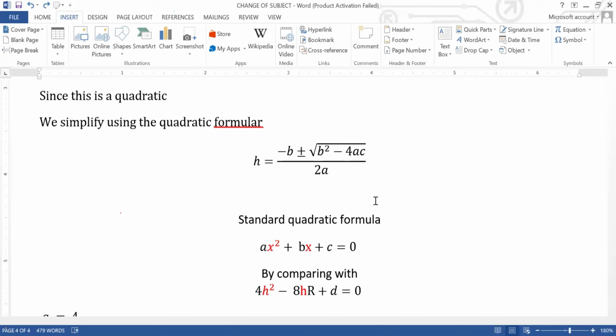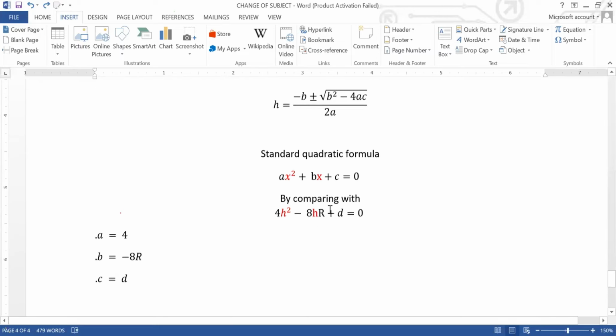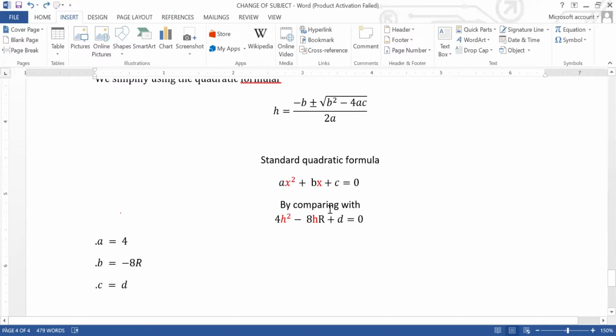So you list the values. So there is a, b, and c. We can all see there that there is a, b, and c, and there is also h. So we list all the values. So we have a, b, c, by comparing with 4h squared minus 8hr plus d is equal to 0.